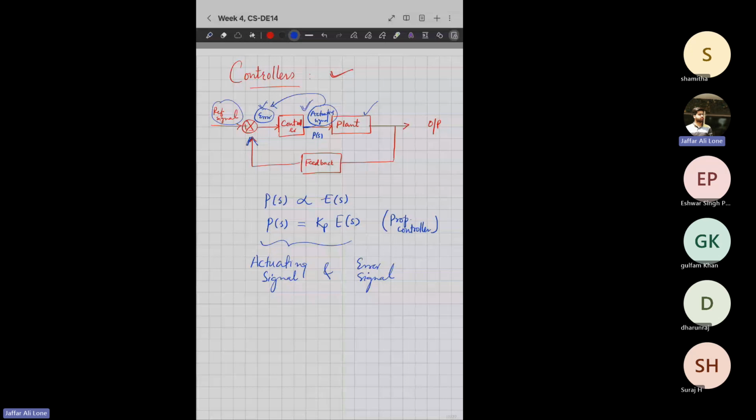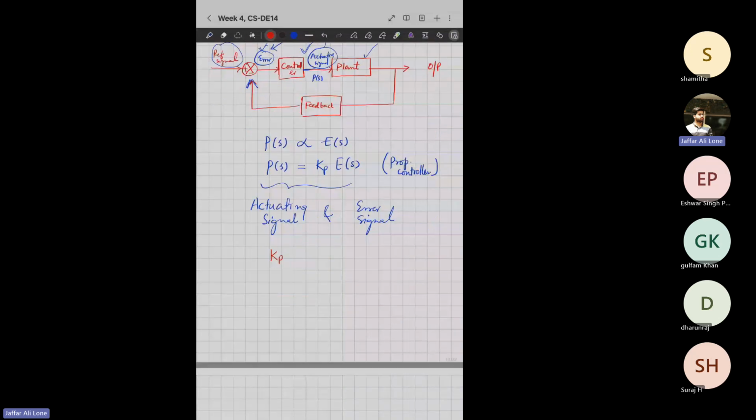But what we will see here is some mathematical stuff, the expressions of these controllers. For example, a proportional controller only has one constant, Kp. If it is an integral controller, it has Ki, but since it's integral, if you remember Laplace, it will be Ki over S. If it is derivative, it will be S into Kd, right?